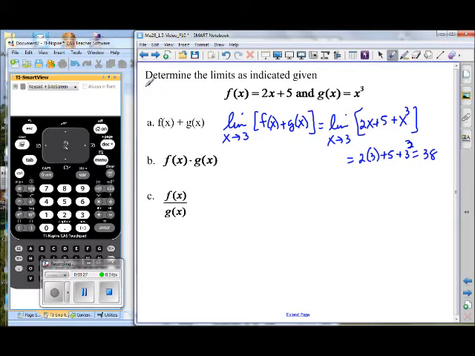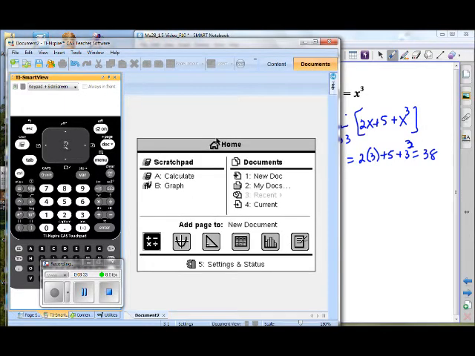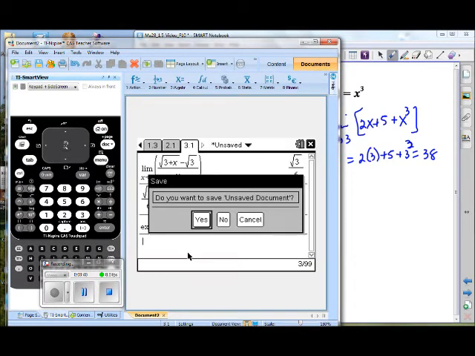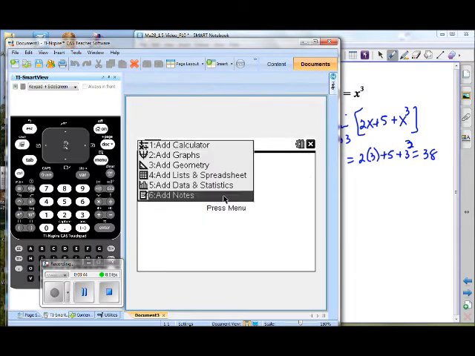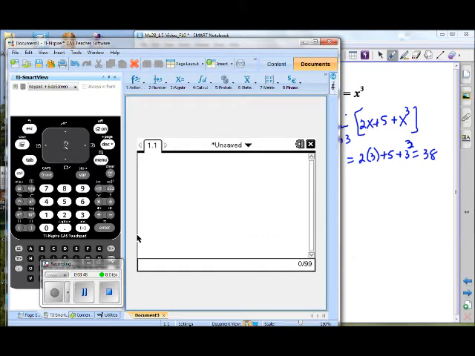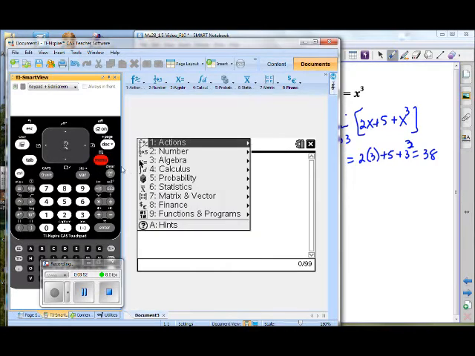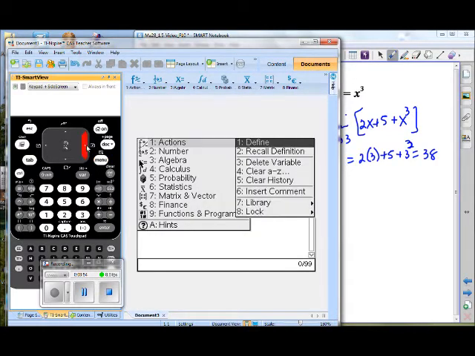Now, we haven't done anything with the Inspire, and I want to make sure that we are able to do some checking of our answers. So let's go home and pick up a new document. And if it says, "Do you want to save?" your response is always no. Let's pick up a calculator here, and we're going to start with go to Menu, go to Actions.